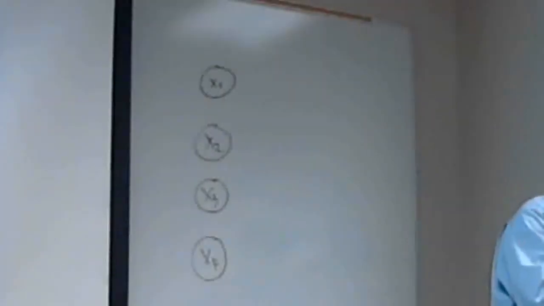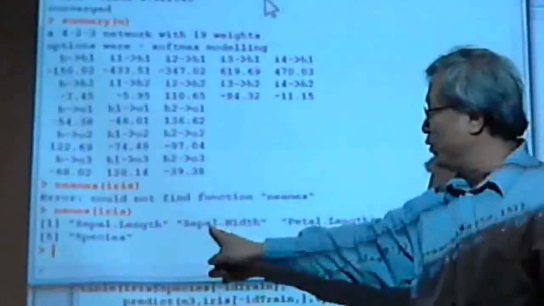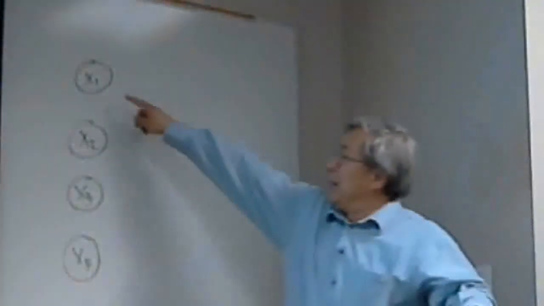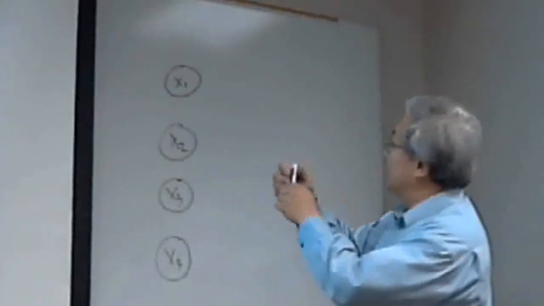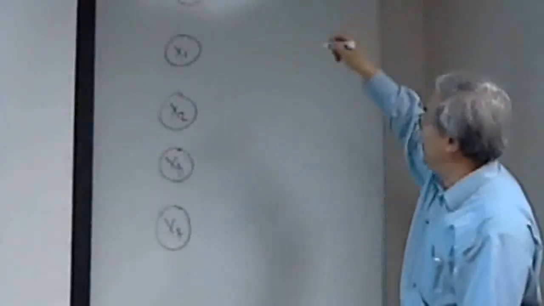So here we have x1, x2, x3, x4. x1 is sepal length, x2 is sepal width, x3 is petal length, x4 is petal width, because we didn't specify any particular order, so it just comes in the natural order of the variables. And there's a bias here, so this is 1, which will feed in with the bias.